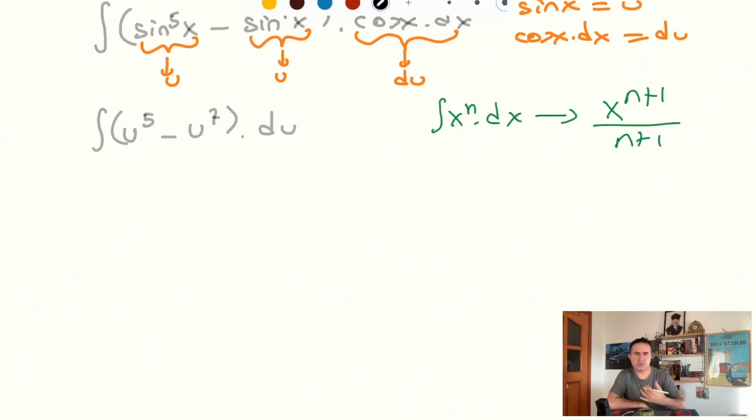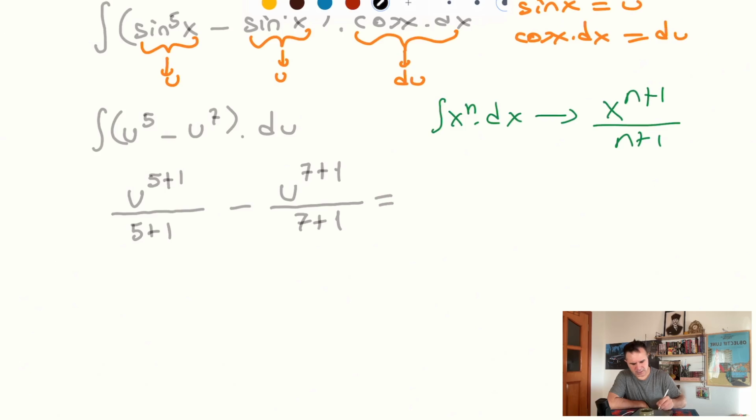Then in order to integrate it, we will add 1 to the exponent, and the exponent will become 5 plus 1, and we will divide by the new exponent. And u to the power of 7, we will add 1 to the exponent and divide by the new exponent. The integral becomes 1 over 6 times u to the power of 6 minus 1 over 8 times u to the power of 8.